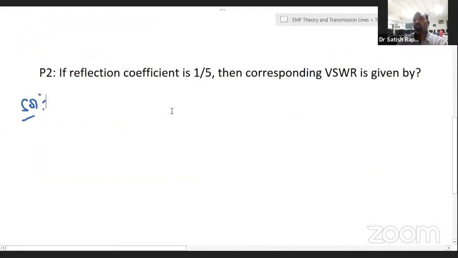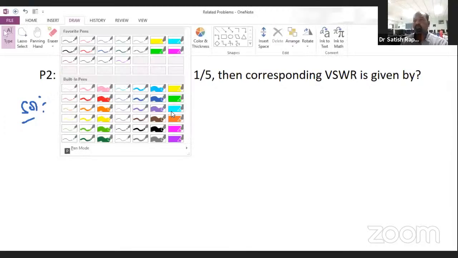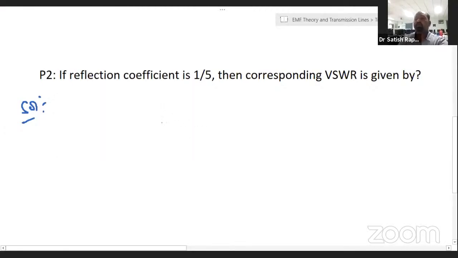If the reflection coefficient is given as 1 by 5, the corresponding VSWR small s is equal to how much?